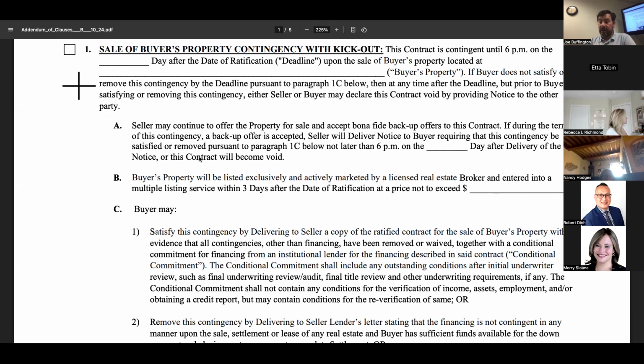There is a situation where everything's fine on the buyer's sale of their property. They get their home under contract. They've gone through inspections, and now let's say they've removed the kick out situation, but something happens, and let's say they run a painting company and they've got panel trucks, and this property's in Montgomery Village and they cannot park their trucks in Montgomery Village.